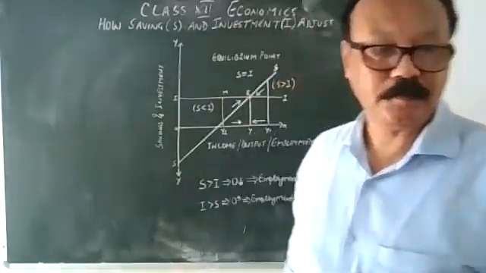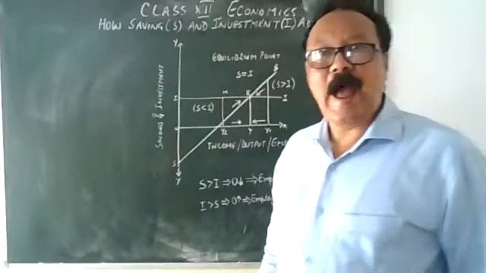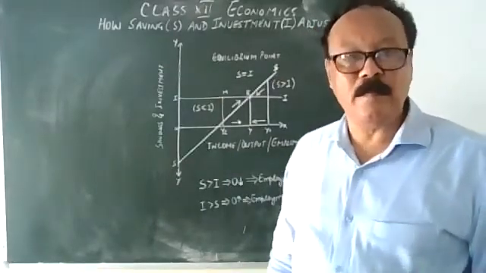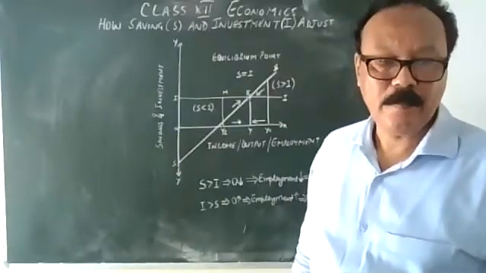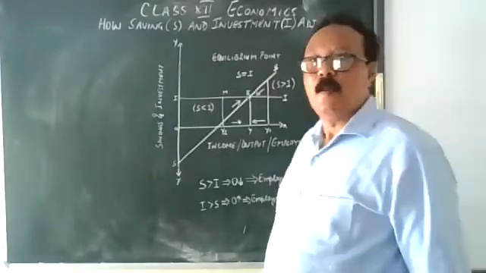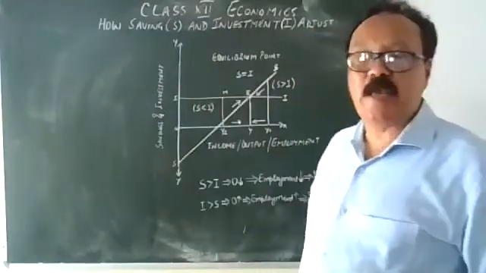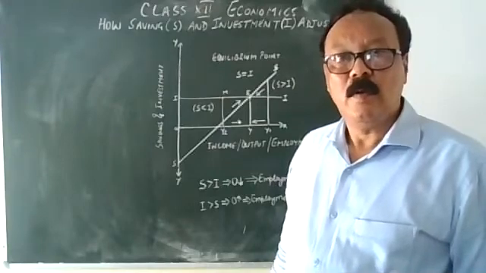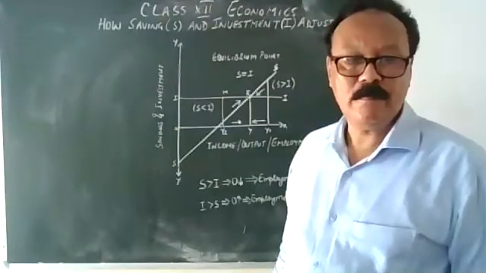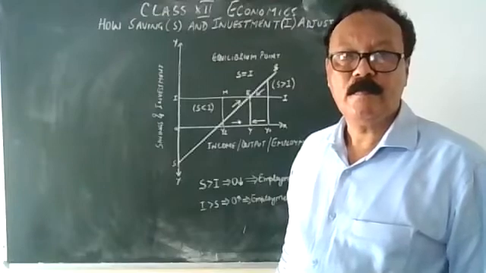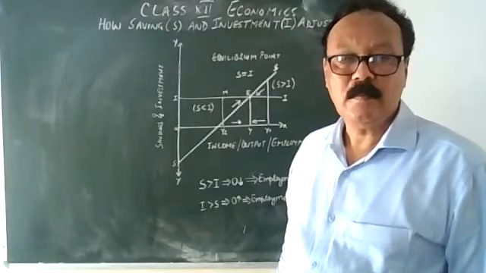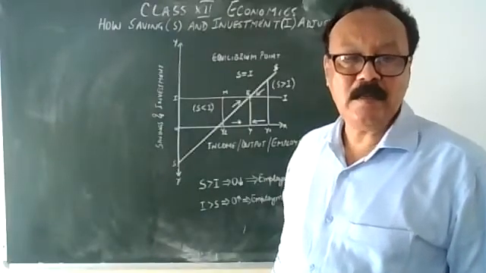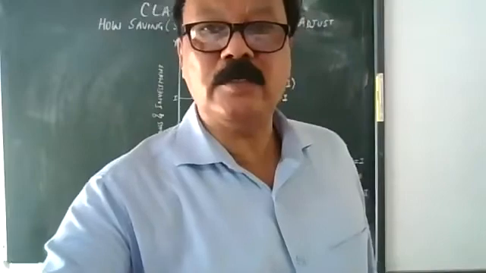Second point, at this level of income, the household savings are more than the firm's planned investment.